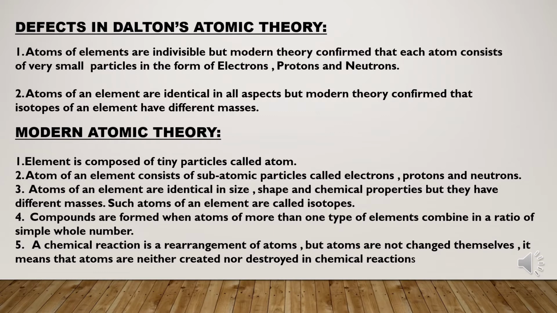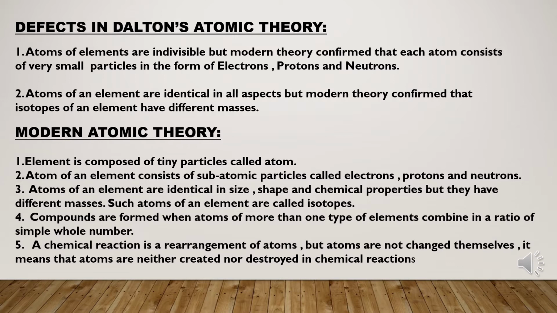Atom of an element consists of subatomic particles called electrons, protons, and neutrons. Atoms of an element are identical in size, shape, and chemical properties, but they have different masses. Such atoms of an element are called isotopes. So we can say that isotopes are the atoms of an element having different masses.